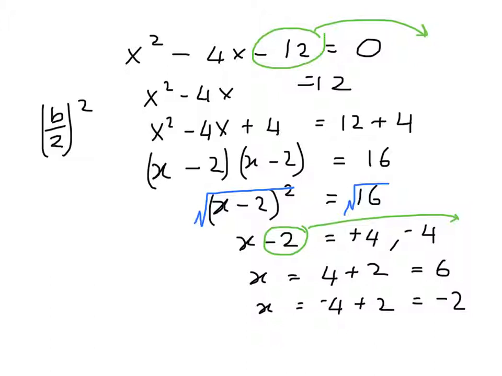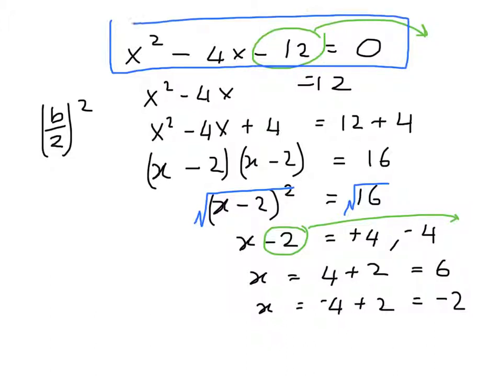So, see all this working that we've done. If we'd looked carefully at what we were factorising up here, we were finding a solution for up here. Can you see that we could have easily just looked at negative 12, two numbers that multiplied together to make negative 12, 6 and 2.